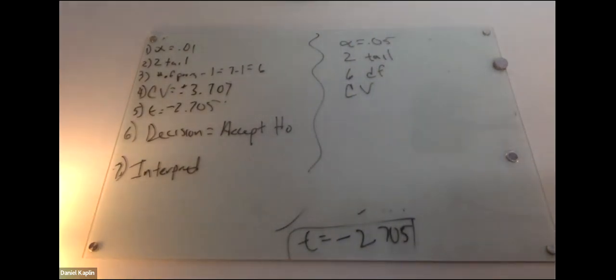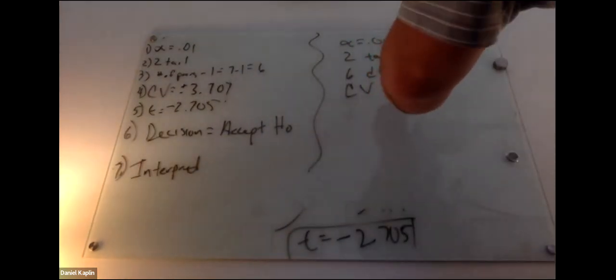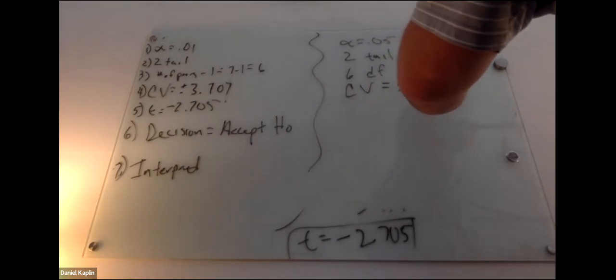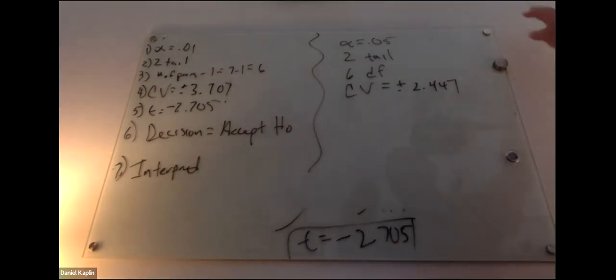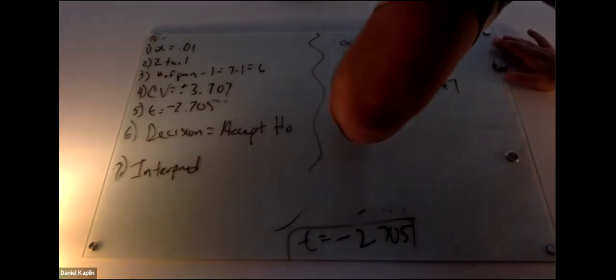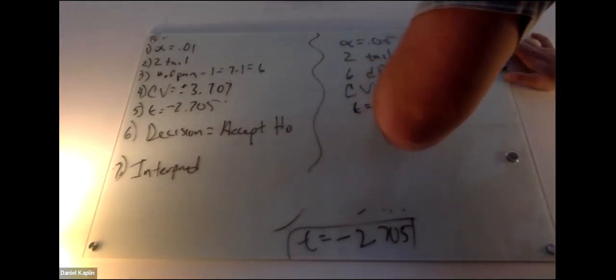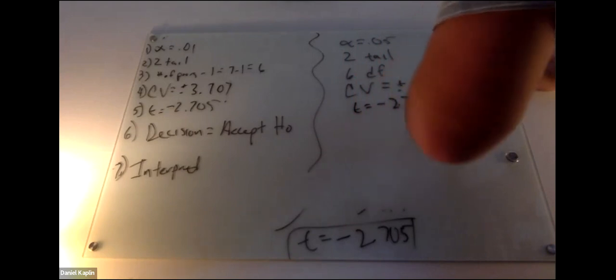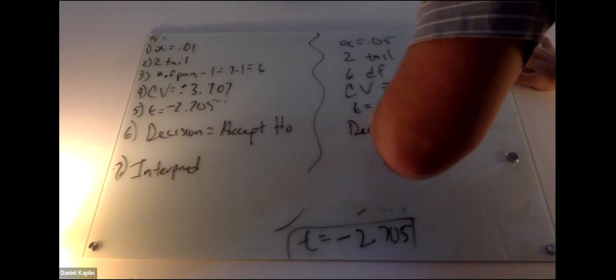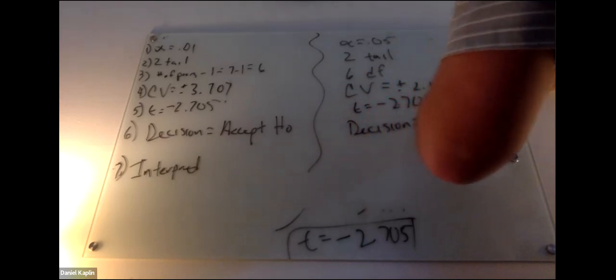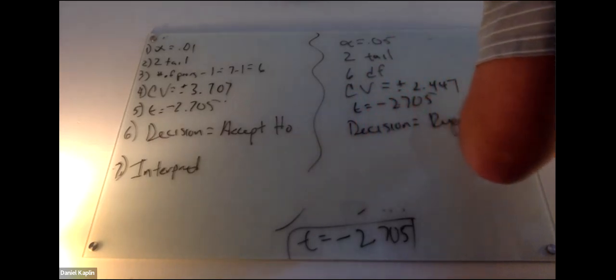So the critical value at 0.05 would be plus or minus 2.447. Let me just double check that to make sure I got that right. Yes. All right. And then if we were to take that t-value of minus 2.705, our decision here would be to reject the null.